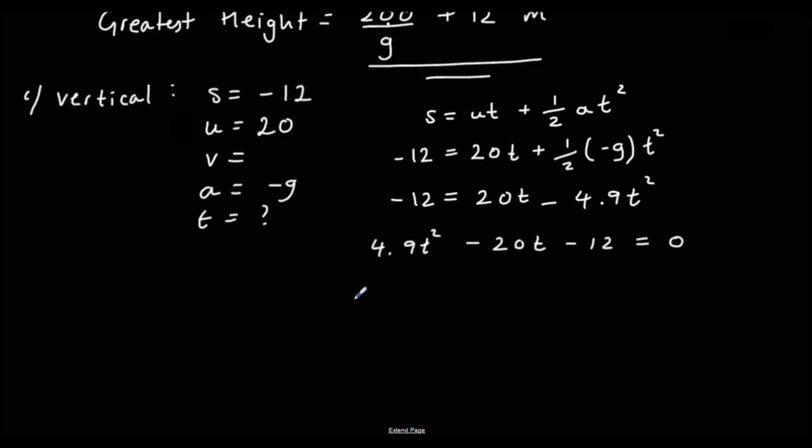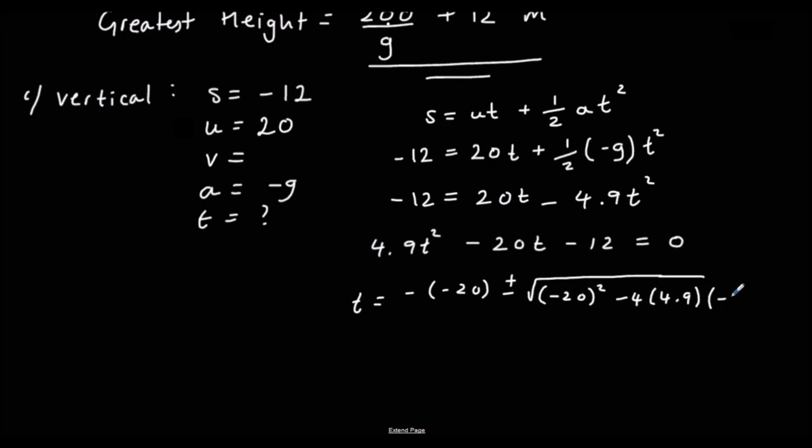So we're going to use the quadratic formula. So t equals minus b plus or minus the square root of b squared minus 4ac, all over 2a.